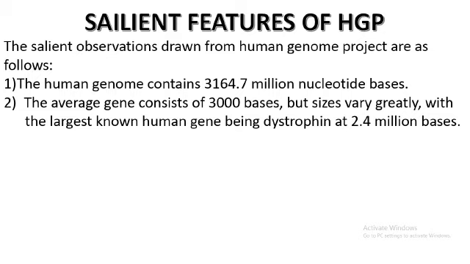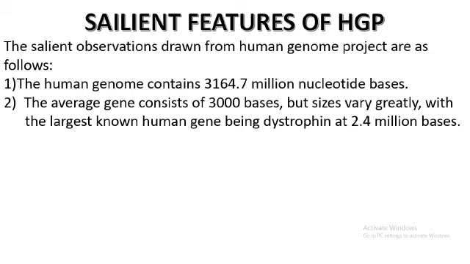The number varies from one gene to another. But after the Human Genome Project, we know the average gene has 3000 bases. That is the standard number of nitrogenous bases that represent one gene.